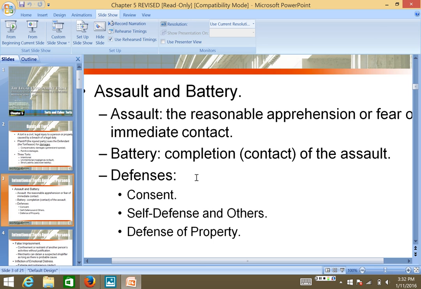Defense of property is an interesting defense, and there have been some cases where deadly force has been used in the defense of property improperly. And let me kind of go through a couple of those with you, some local examples.